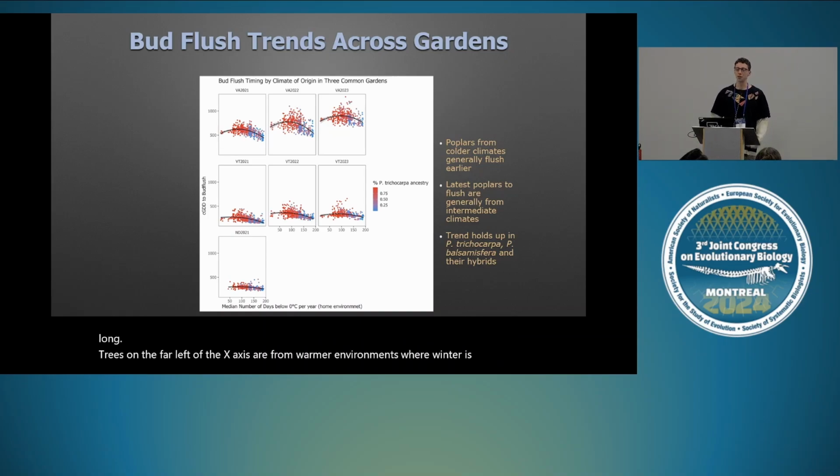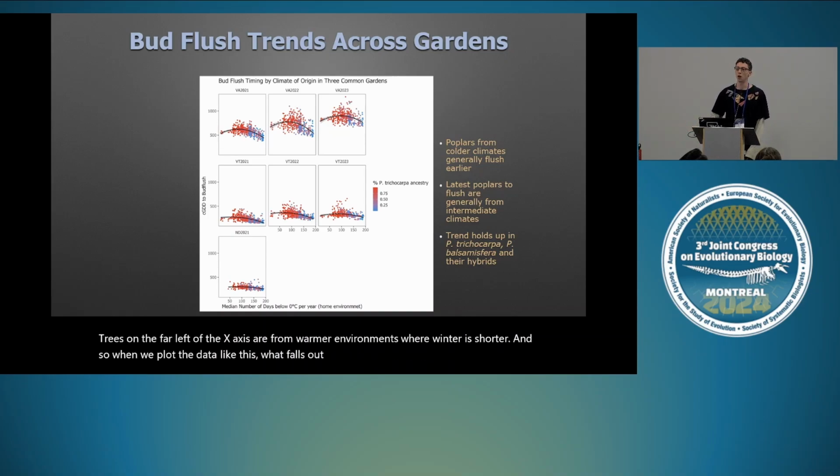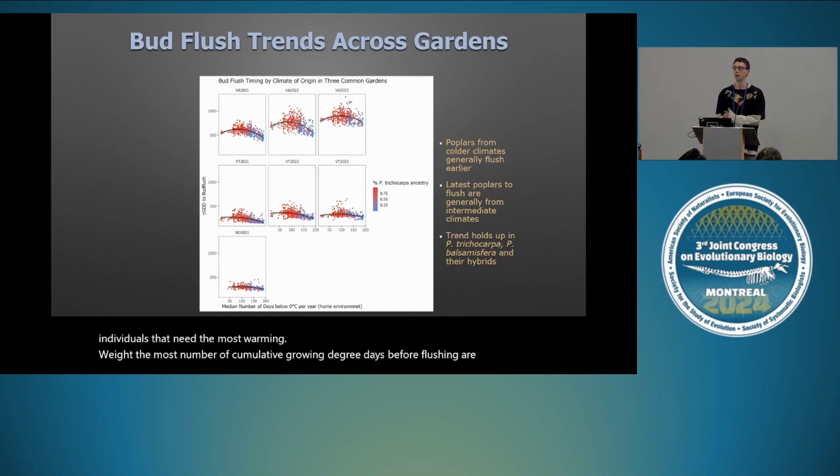And so when we plot the data like this, what falls out are these kind of weak but significant quadratic clines, where the earliest individuals to flush their bud are from colder environments and are generally of Populus balsamifera ancestry. Meanwhile, the individuals that need the most warming, the most number of cumulative growing degree days before flushing are from intermediate environments, which is really interesting.